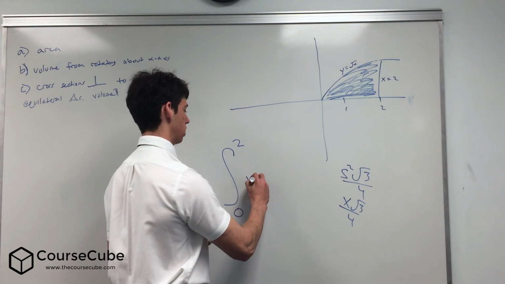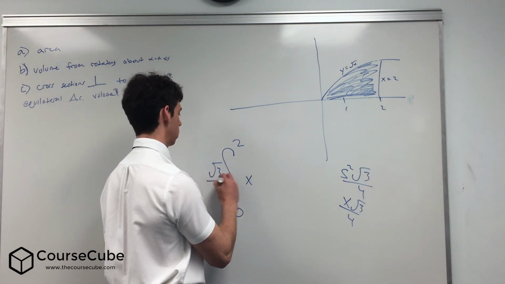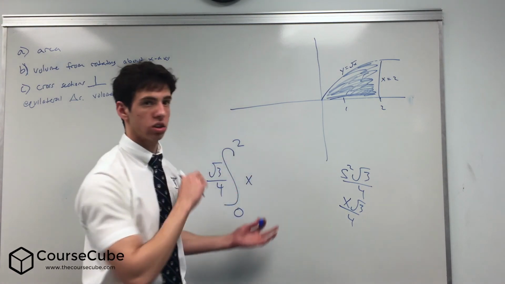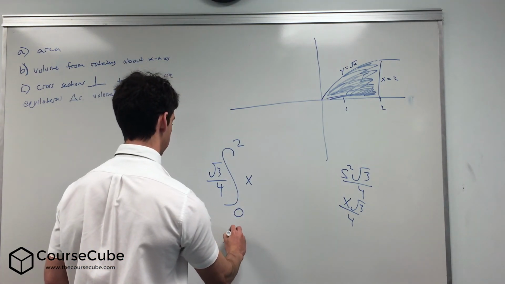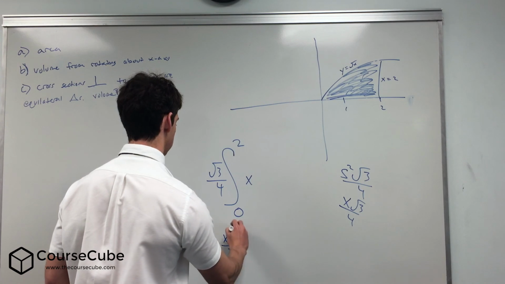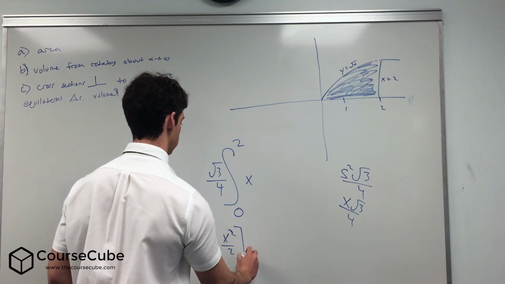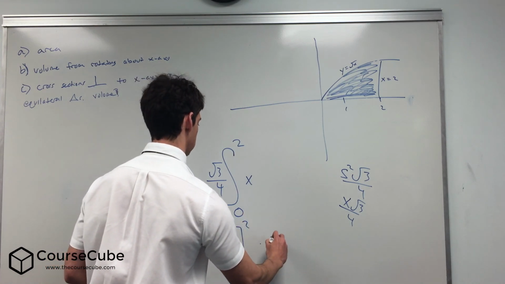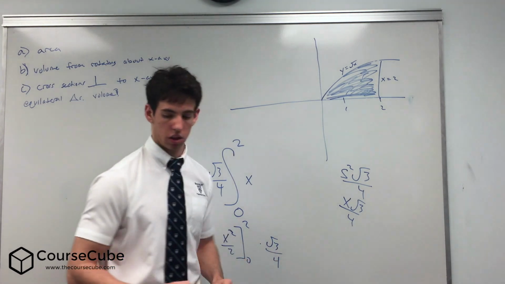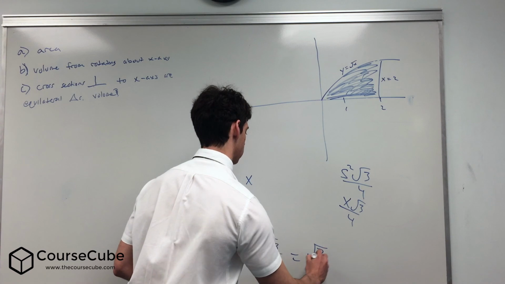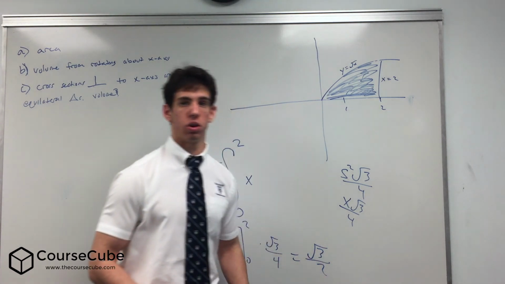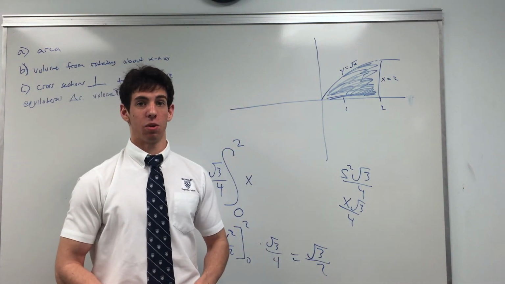So let's solve this out. We get x squared over 2 evaluated from 0 to 2 times root 3 over 4. And this will give us root 3 over 2. And that's our answer, and we're done.